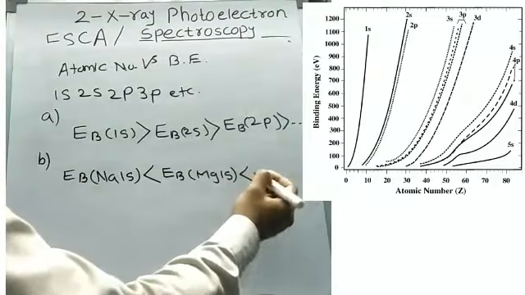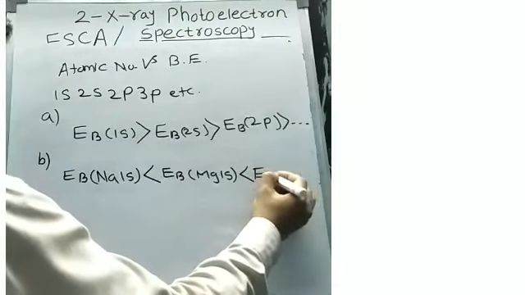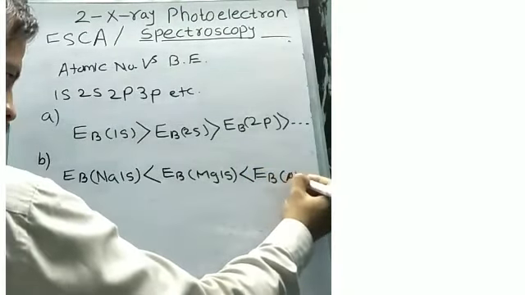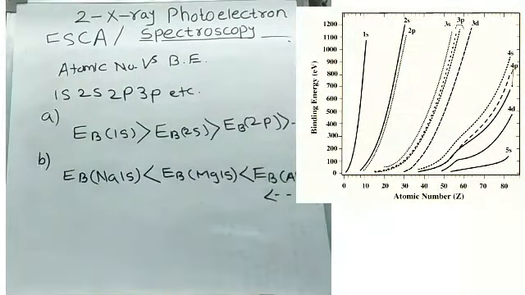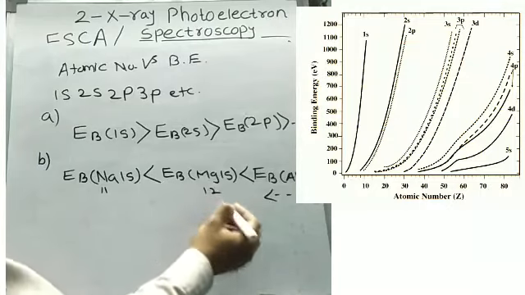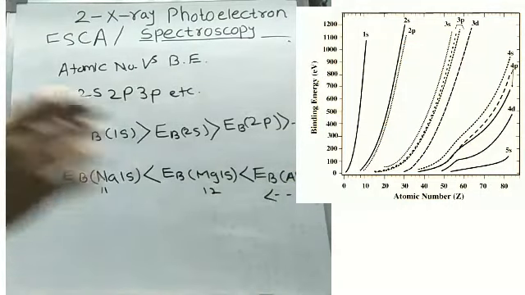Similarly, it is less than the binding energy of aluminium 1s orbital, and so on. So the binding energy of a particular orbital increases as atomic number increases. Atomic number: sodium 11, magnesium 12, aluminium 13, 14, 15, and so on.